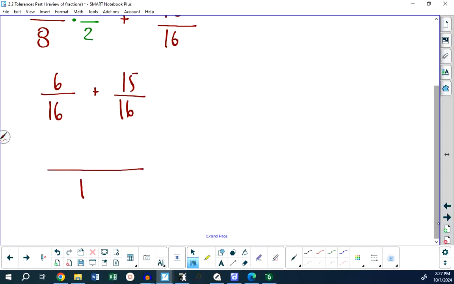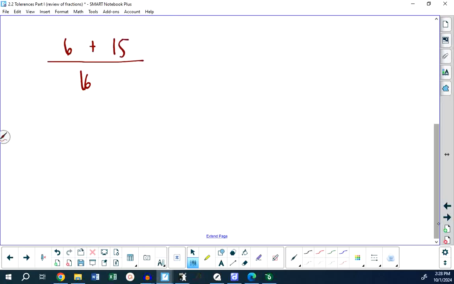This is why your math teachers in earlier grades might have written something like this. Does that ring a bell? The bottom stays the same and you add the numerators? Well, that's because you're adding 16ths, so you have to get 16ths. Just like when you add kittens, you get kittens. And this works out to 21 16ths. Good?